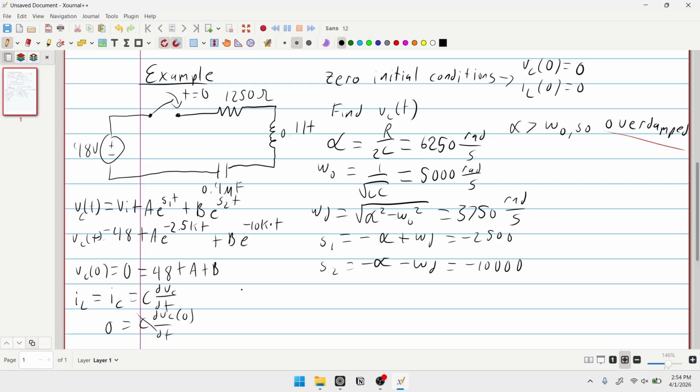We can just cancel out the C. So we're going to differentiate both sides of the capacitor voltage, so the constant disappears. We have negative 2.5K times A minus 10K times B. And so here we have our two equations.